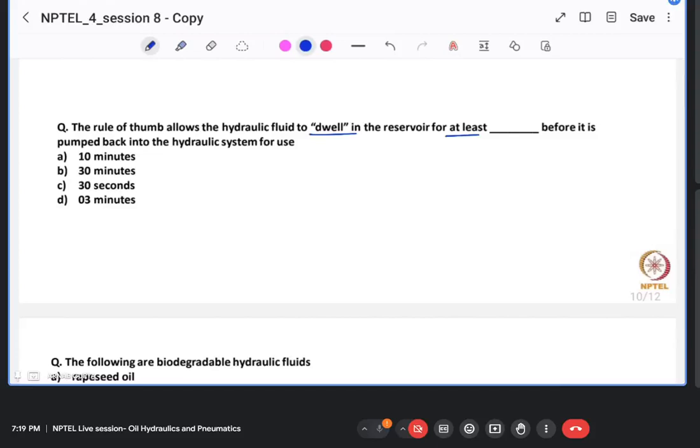That's why you provide some resistance to the flow in the reservoir by providing a baffle plate, so that the contaminants get separated out. So obviously it slows down the flow of fluid, and you need this dwell time, and accordingly you should be designing the hydraulic reservoir. So 10 minutes, 30 minutes, 30 seconds, 3 minutes. It should be close to 3 minutes.